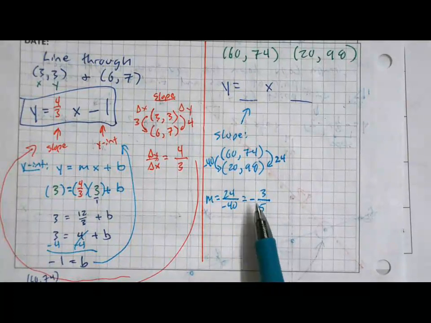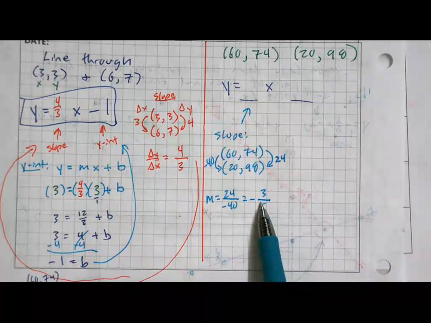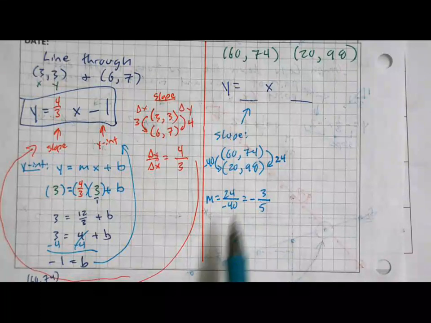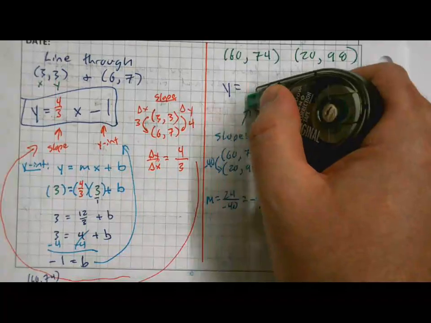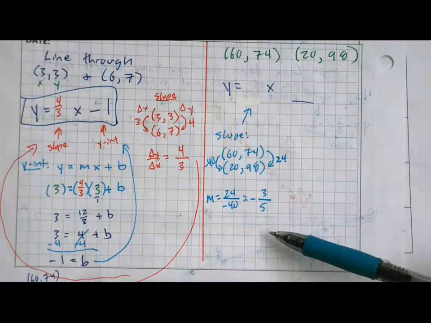And I just made my whole fraction negative because a positive divided by a negative is a negative overall. All right, I think we found our slope. Does that reduce any more? Can you think of anything that goes into both 3 and 5 other than 1?